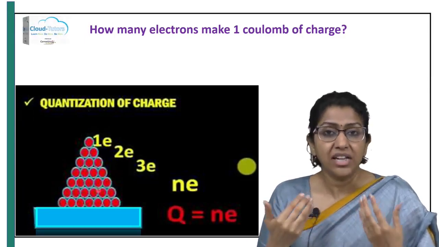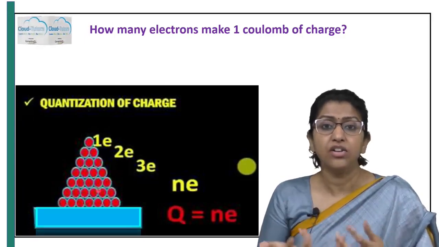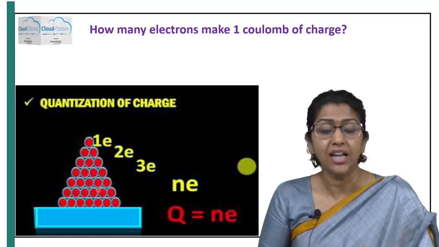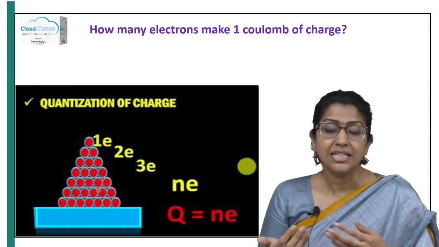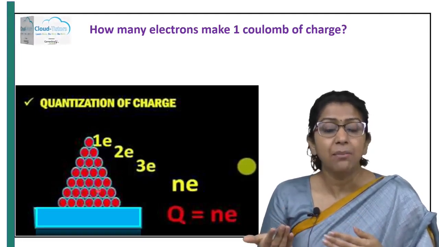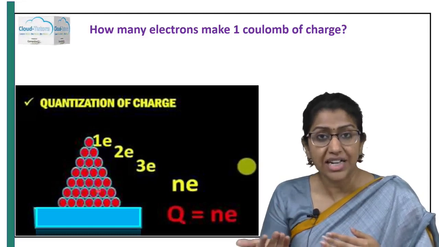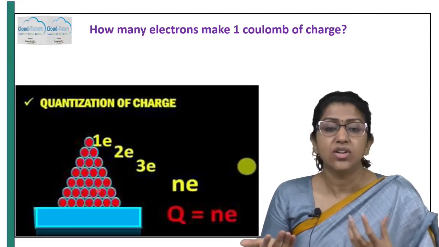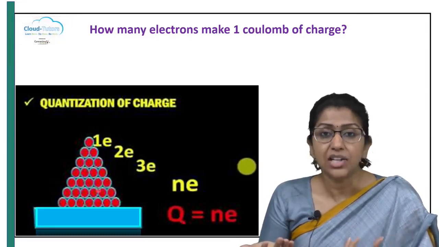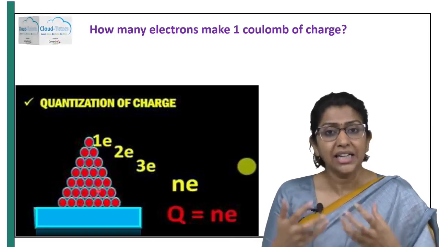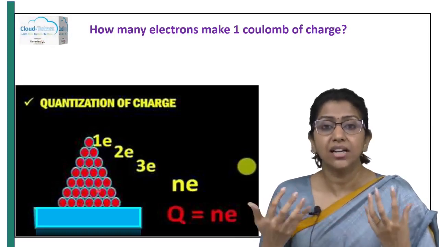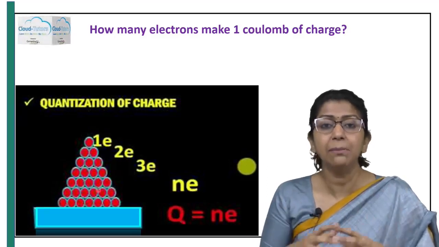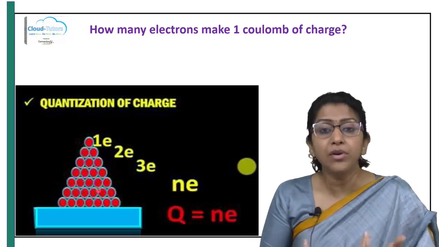Because whenever we say a particular object is negatively or positively charged, we can only increase or decrease the number of electrons present in the object, and we cannot vary the number of protons, which are inside the nucleus. So anything which possesses an electric charge can be measured in terms of number of electrons.